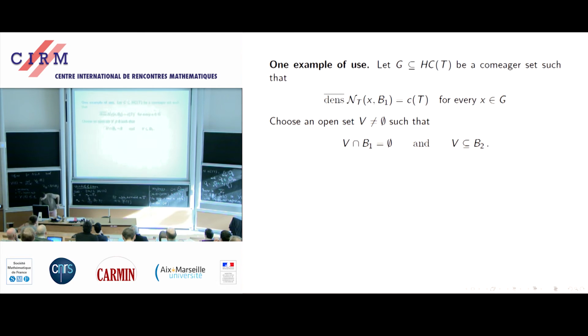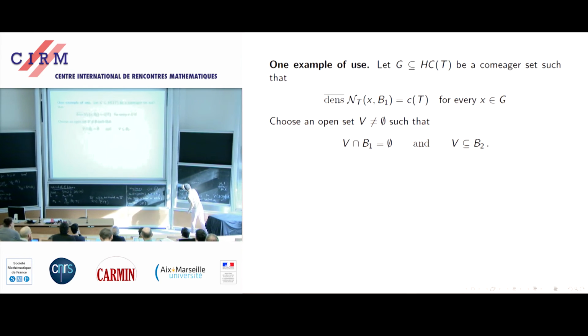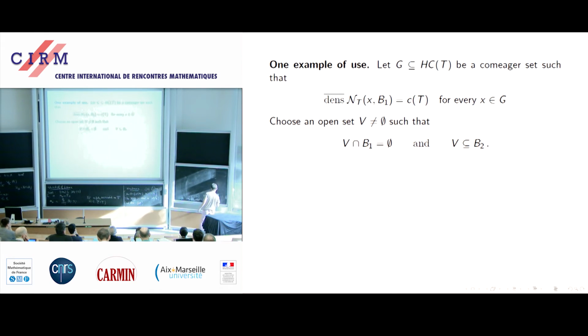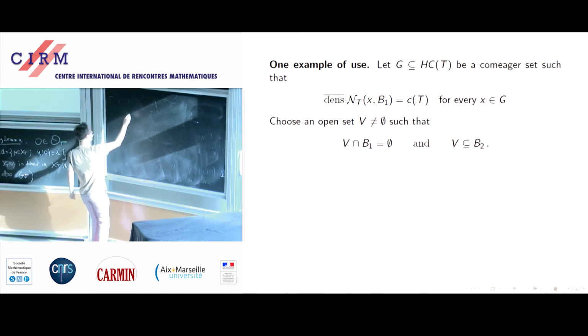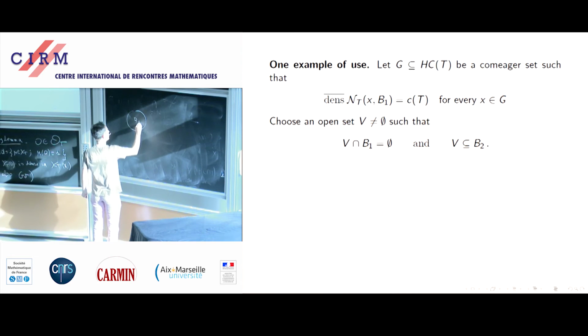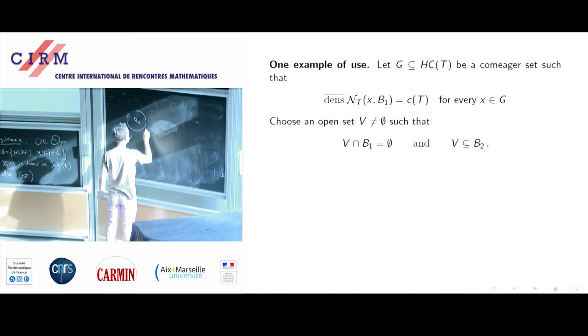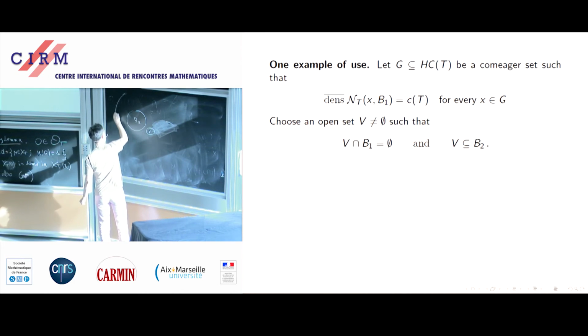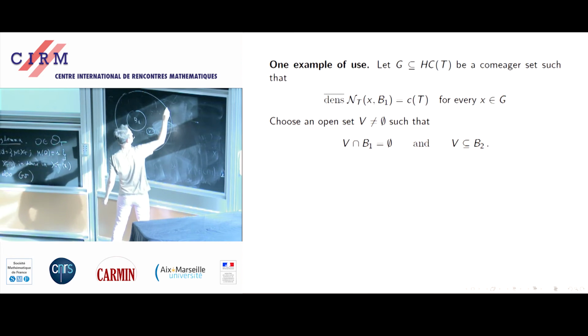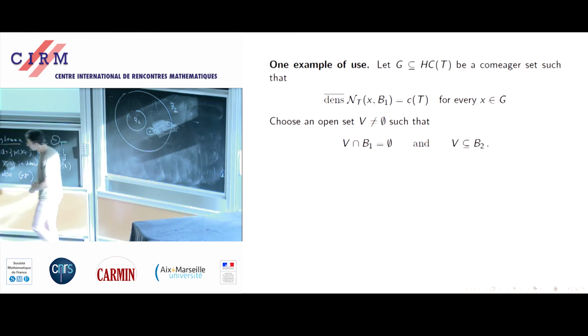Maybe it's better to draw a picture here. You have B1, which is here. You have V, which is small, and B2 is here. This is the picture.